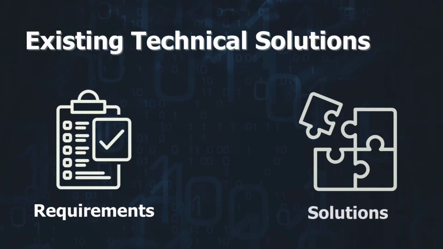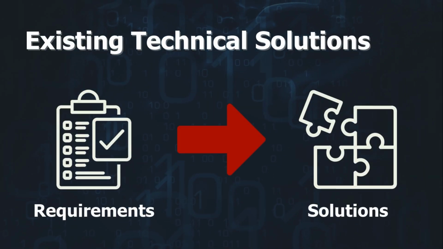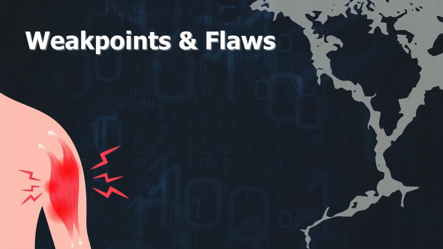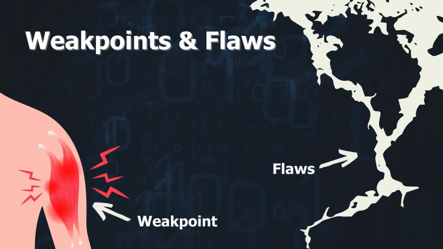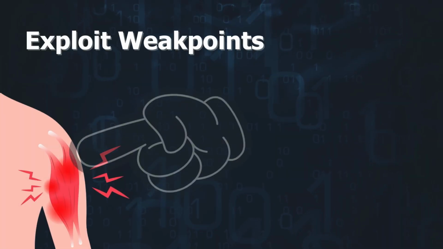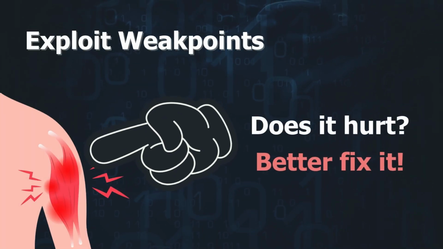For every business use case, for every technical requirement, there already exists a technical solution. Every technical solution has its specific weak points, its flaws. Know all about these weak points so we can, like in a video game, exploit them for our cause of selling our product modernization.